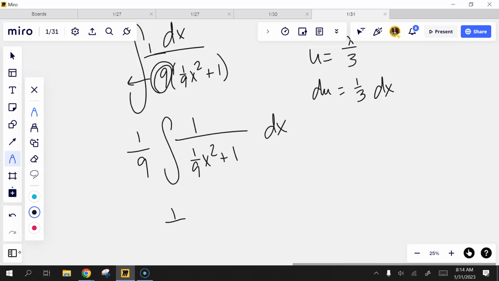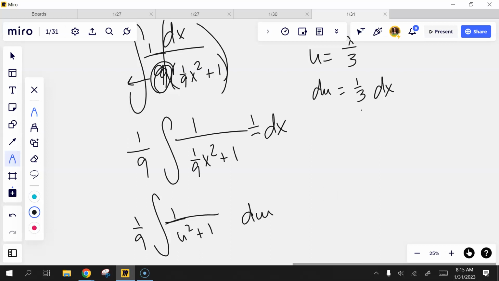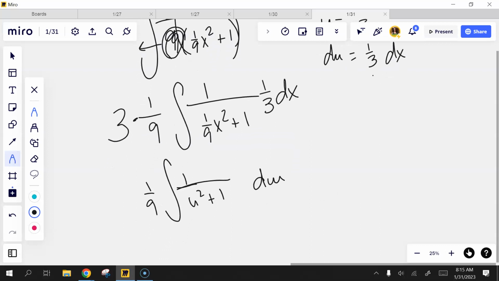But here, because u is x over 3, this is 1/9 integral of u squared plus 1. It's not du yet, though, because I need it to have that 1/3. I need another 1/3 here, which means I need a 3 out here to counter it. Does that make sense?